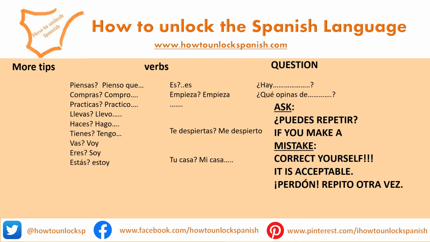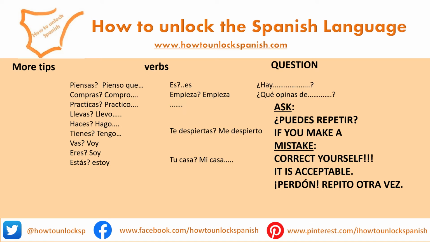If you are asked something ending in S, it's normally about what do you think of, what do you buy, right? So what you have to do with the verb is change it from as or S ending to the O ending. So instead of ¿qué piensas?, you are going to answer pienso que, right?